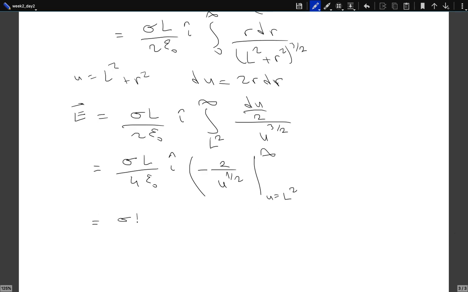So this is equal to sigma L over 4 epsilon 0 I times, when u is infinite, it's just 0, 1 over infinite, minus, there's another minus sign from here that makes it a plus 2 over, when u is equal to L squared, the square root of u is just L. So these L's cancel, and we end up having the electric field is equal to sigma over 2 epsilon 0 times I.